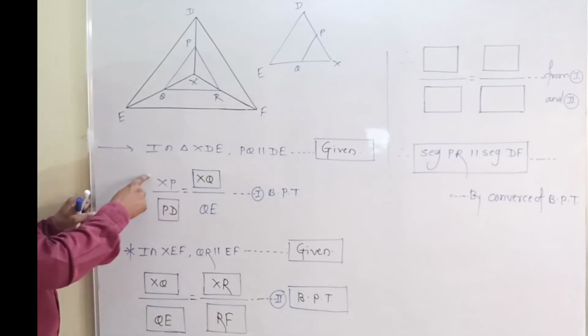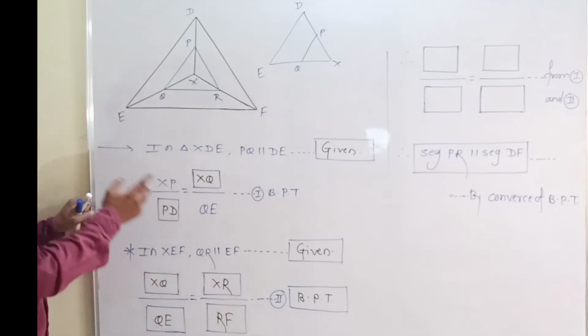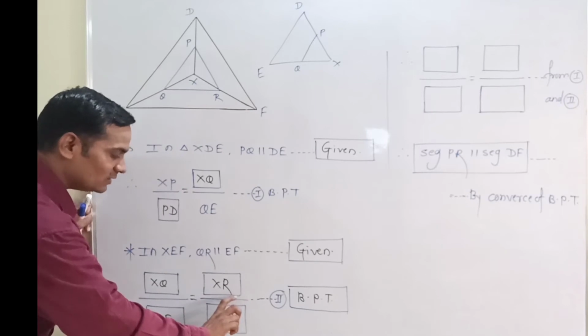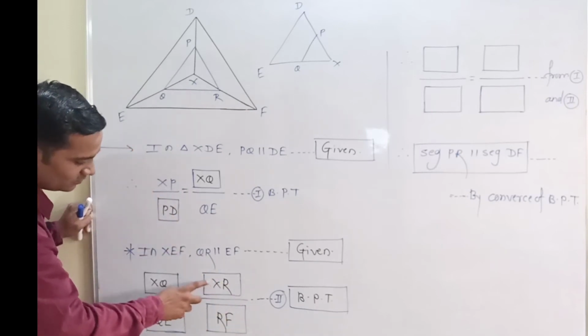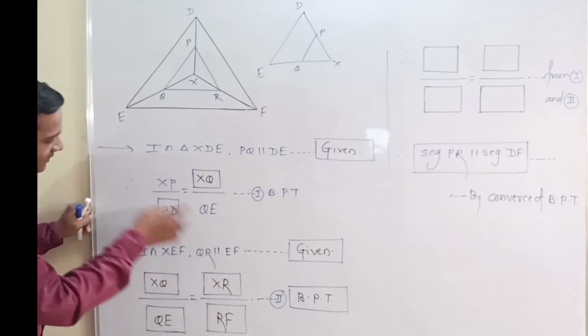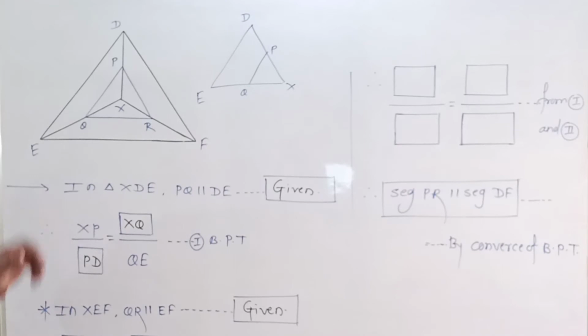That means the first ratio is equal to the second, and the second ratio is equal to the third. That means the first ratio will be equal to the third one. That means XP upon PD should be equal to XR upon RF, and this is what we have to write there. So the first ratio is XP upon PD.